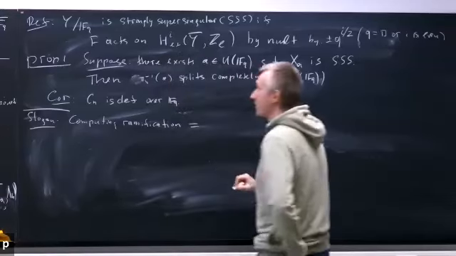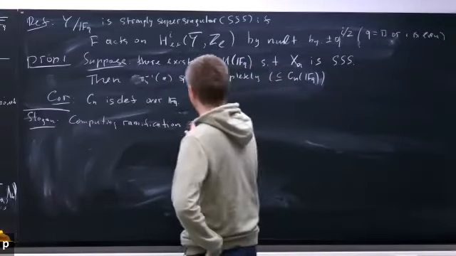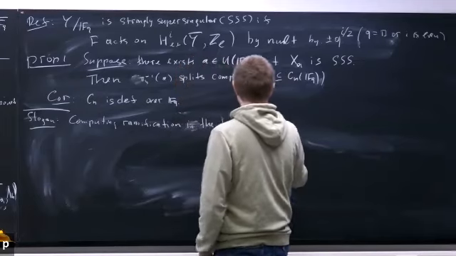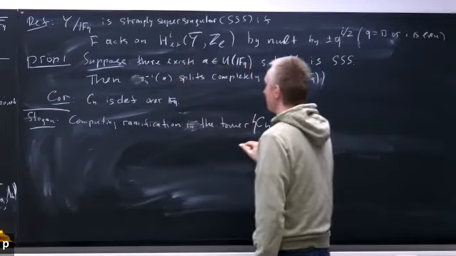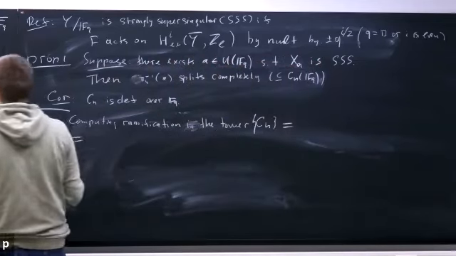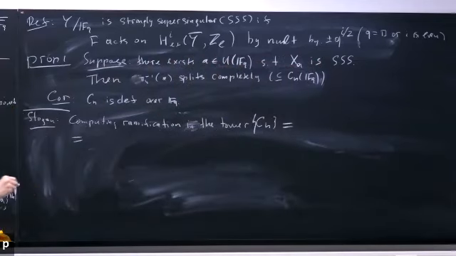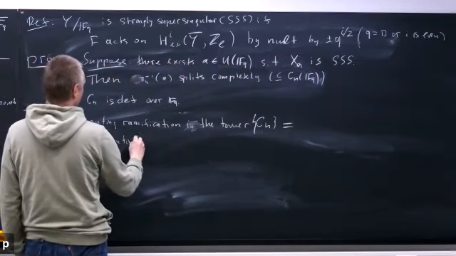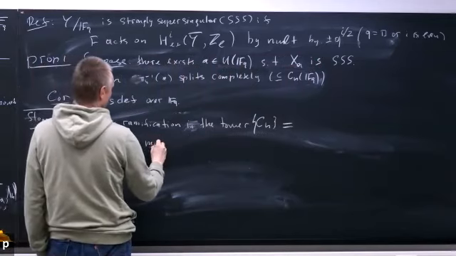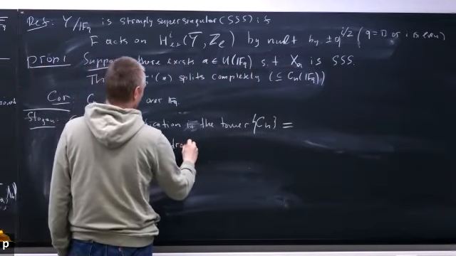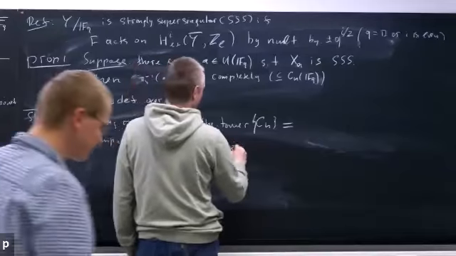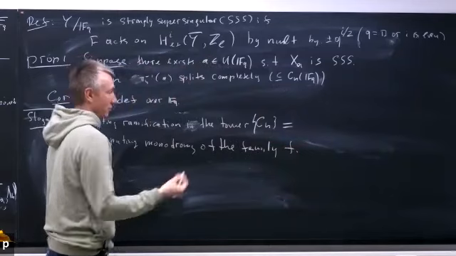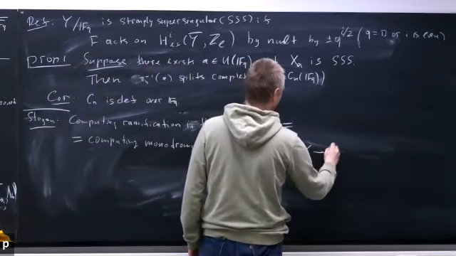Computing ramification in the tower is the same as computing monodromy of the family, the original family.